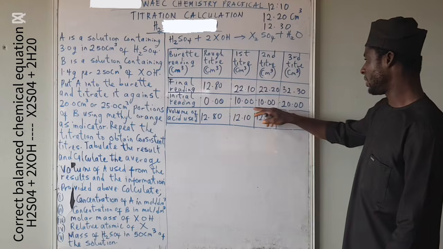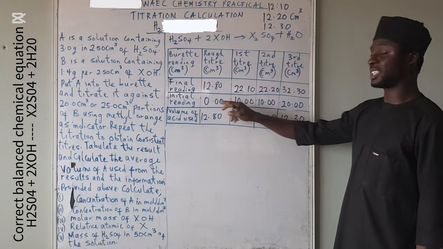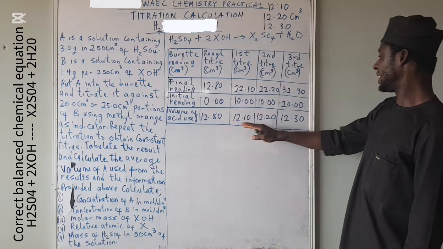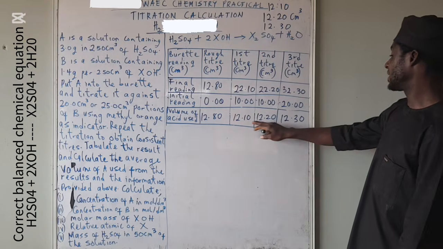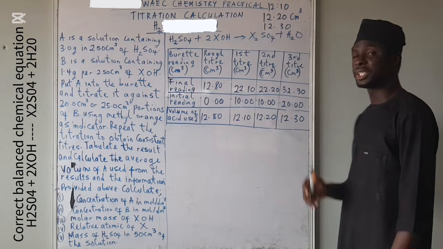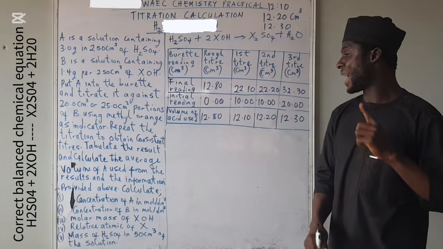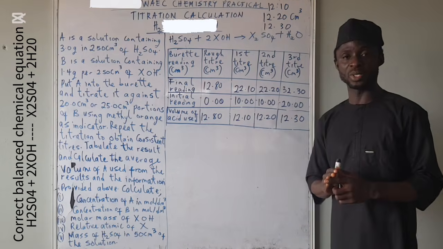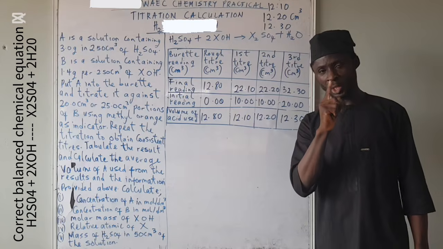So you see that everything is in 2 decimal places, so that for me to get consistent values. This is my first theta, second theta, and third theta. To get my average volume of acid used, I'm going to add all these theta values together and divide by 3.